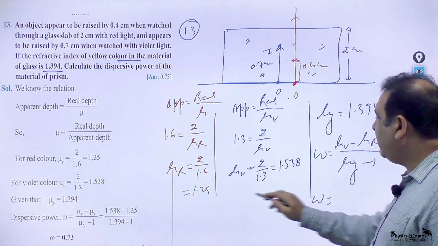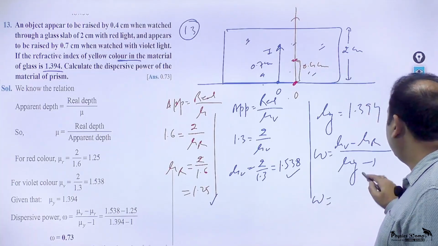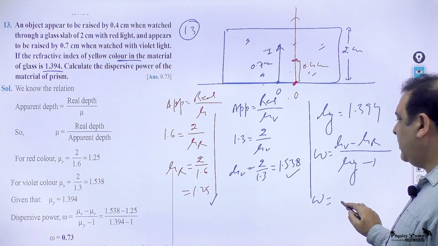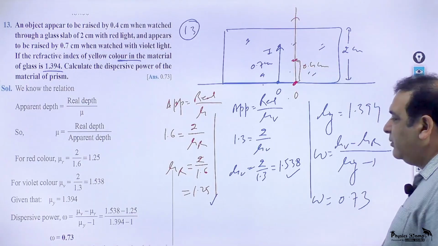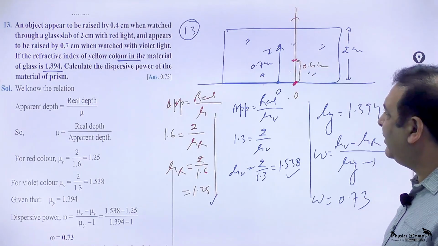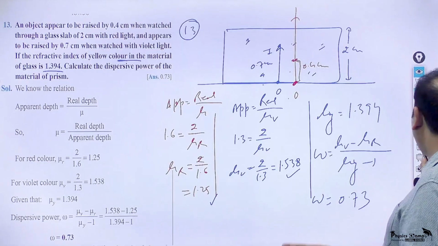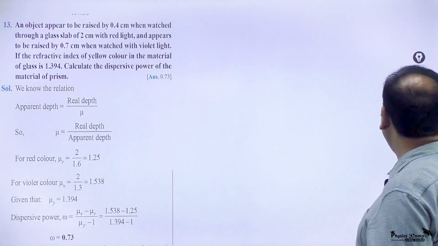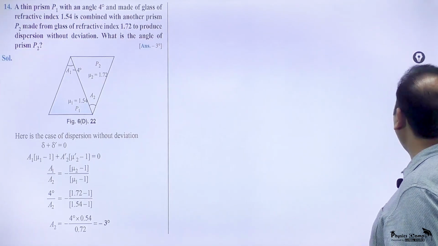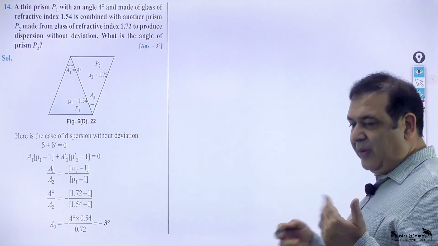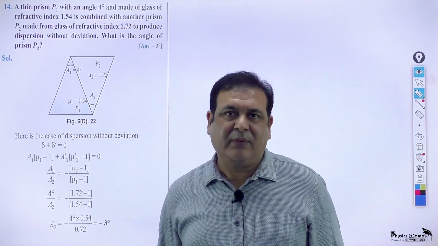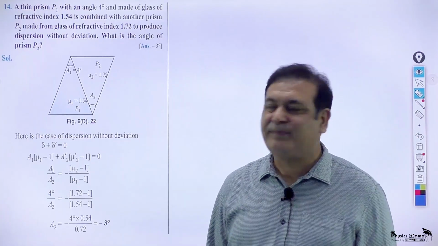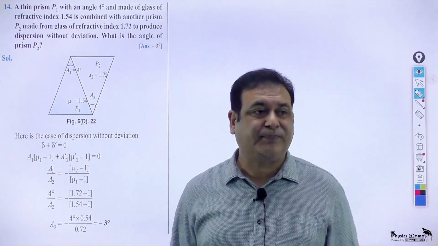You can obtain mu v, mu r, mu y. So if we put all these values, we get dispersive power 0.73. So this is example number 13. And again I said, you may appreciate the way we have tried to introduce here the different refractive index of the material of glass used in that prism.